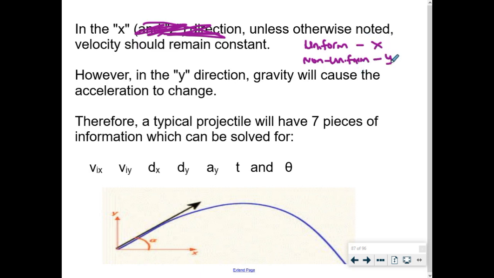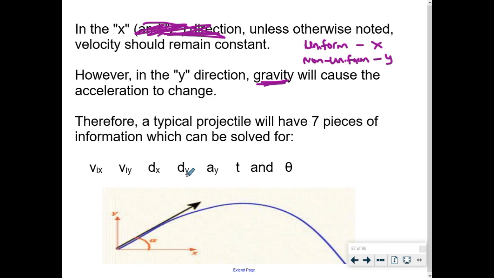But in the y dimension we have non-uniform motion, because we have an extra thing in the y direction, we have gravity. And so because of that, there are a few different pieces of information that you can have, and these are usually the key ones. You can usually have a velocity initial in x and a velocity initial in y.